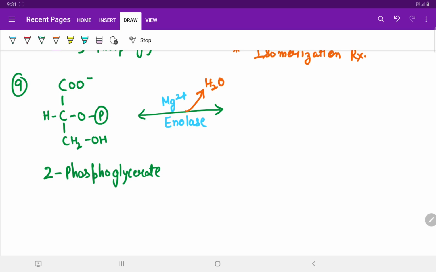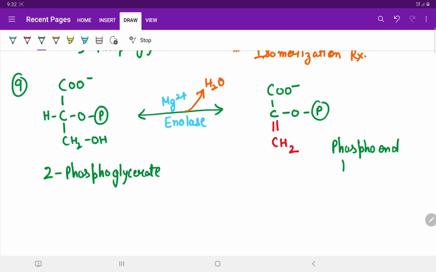In the presence of the enolase enzyme, the structure will change as follows. So this is the structure for phosphoenol pyruvate. The high energy compound phosphoenol pyruvate is generated from 2-phosphoglycerate.